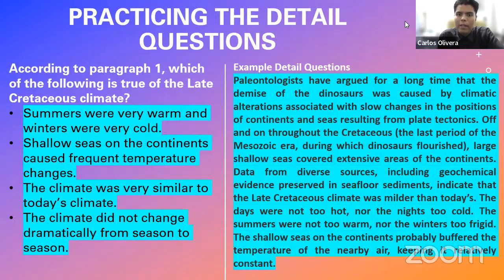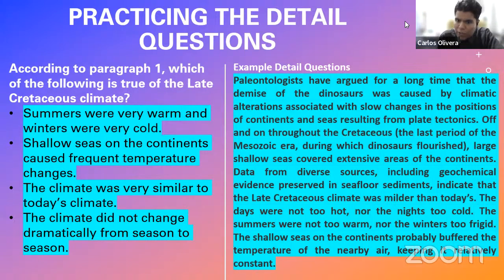Okay, so let's read. It says here in our paragraph: Paleontologists have argued for a long time that the demise of dinosaurs was caused by climatic alterations associated with the slow changes in the positions of continents and seas resulting from plate tectonics. Throughout the Cretaceous, the last period of the Mesozoic era, during which dinosaurs flourished, large shallow seas covered extensive areas of the continents.